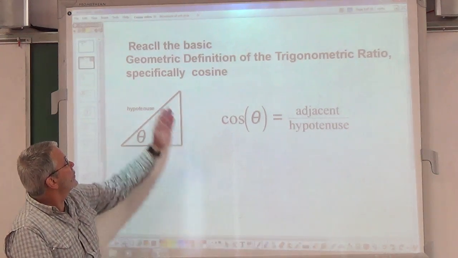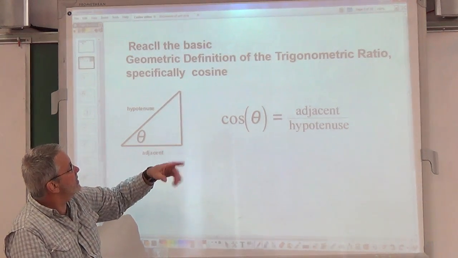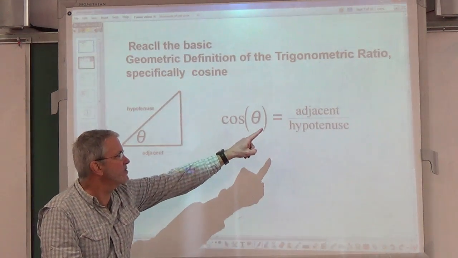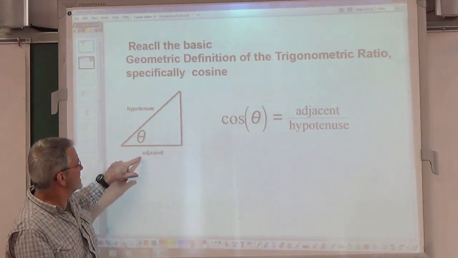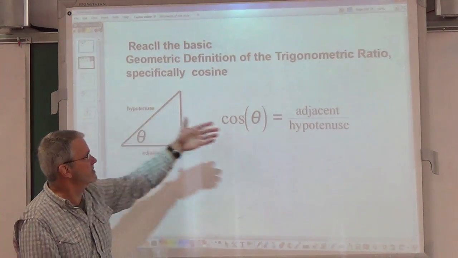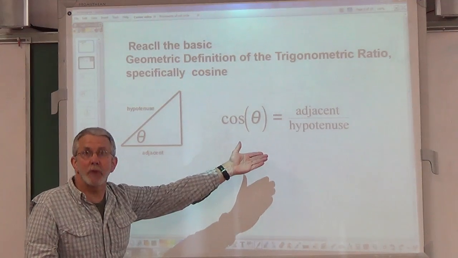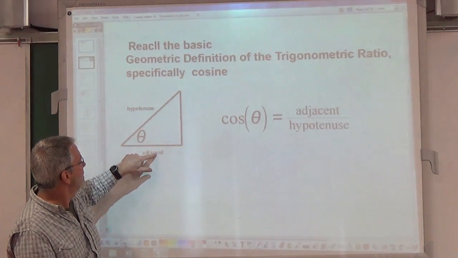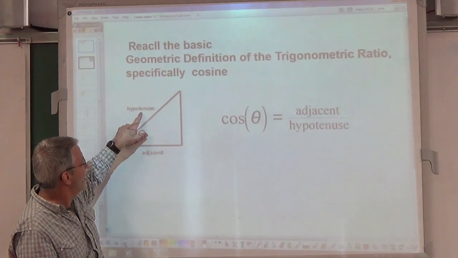If you recall, the geometric definition of the cosine was very simply the adjacent over the hypotenuse, the adjacent length divided by the hypotenuse. Hence the word ratio. It is a ratio of the adjacent side of an angle divided by the hypotenuse.